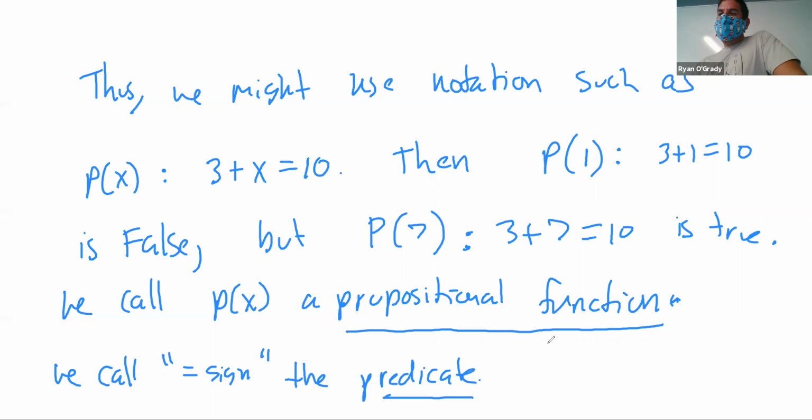Why do we call it the predicate? That's because this is what's causing the truth to depend on something. Does that make any sense? Does anybody have a question about this?